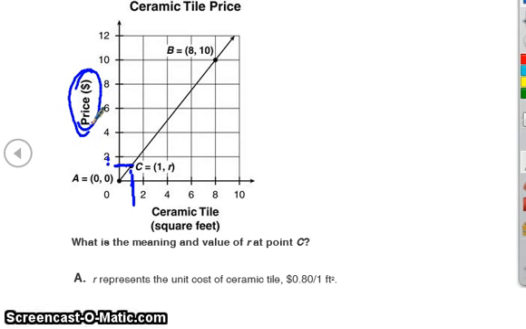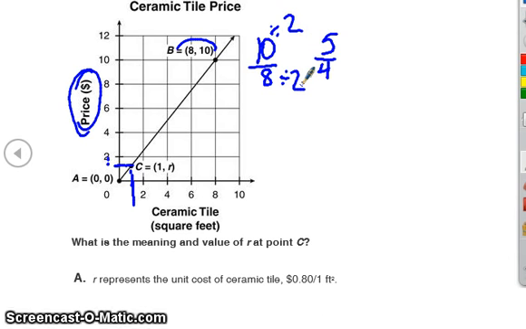So let's look for an exact point along our line. So I can divide my y by my x. Oh, there's one. Remember, it's y divided by the x. So 10 divided by 8, if you wanted to, you could simplify to 5 over 4 if you take out the common factor of 2.